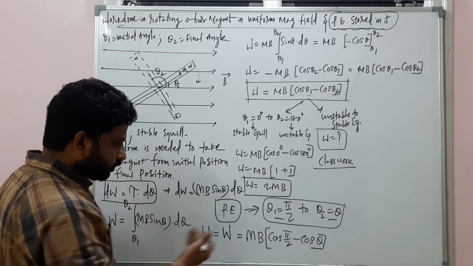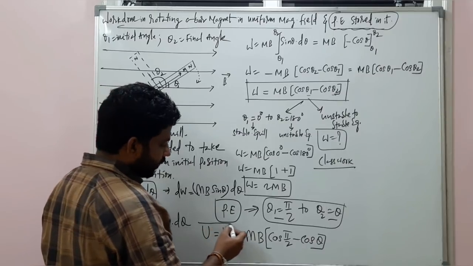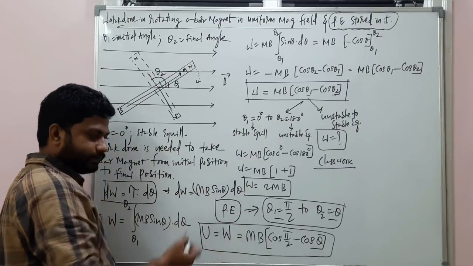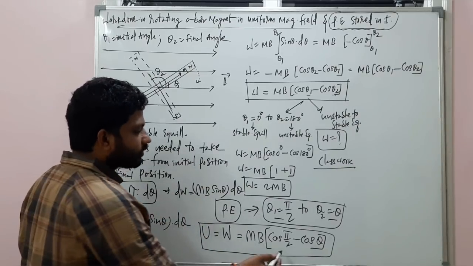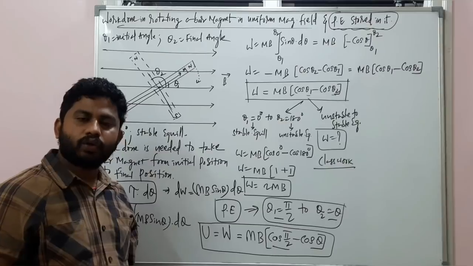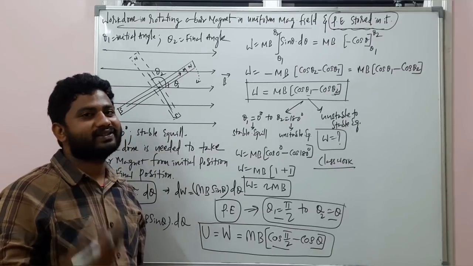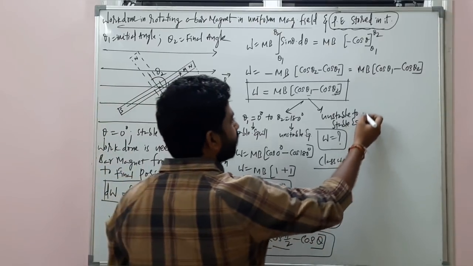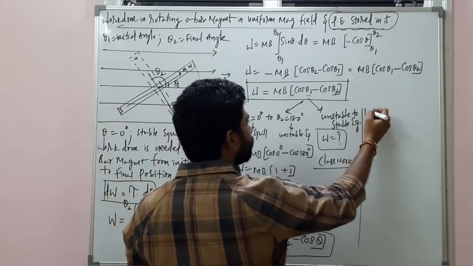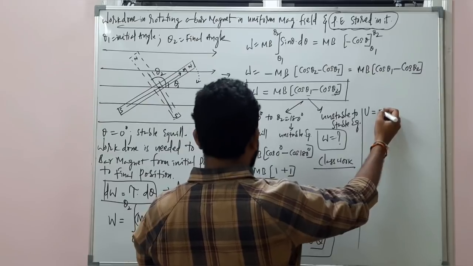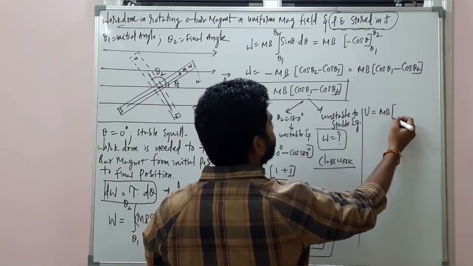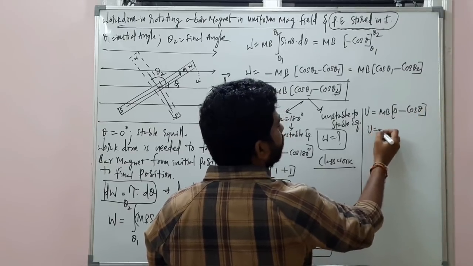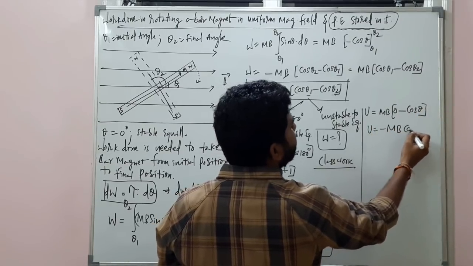So this is the formula for the potential energy. What is cos 90 here? Cos 90 value will be 0. So I can write U is equal to MB into 0 minus cos theta, so U is equal to minus MB cos theta.